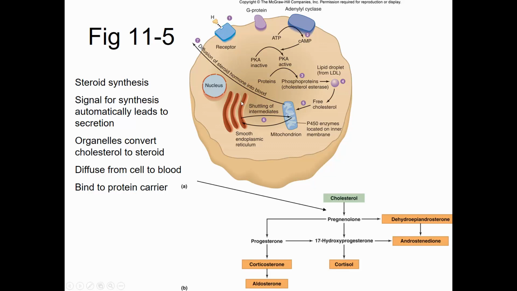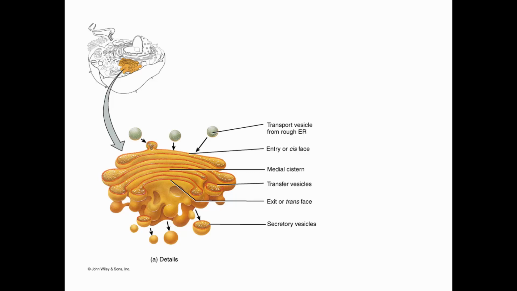They wouldn't stay in the vesicle, but then they can be exported from the cell, and next semester when we talk about the endocrine system, we'll talk about how steroids are actually stored out in the plasma, bound to a protein carrier.